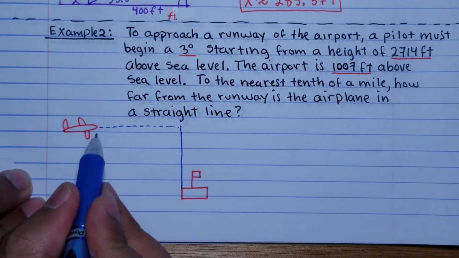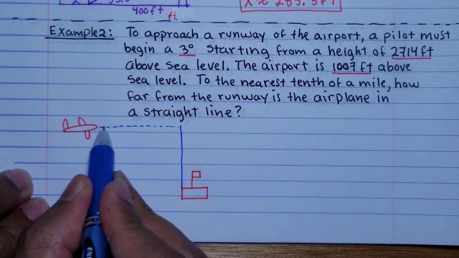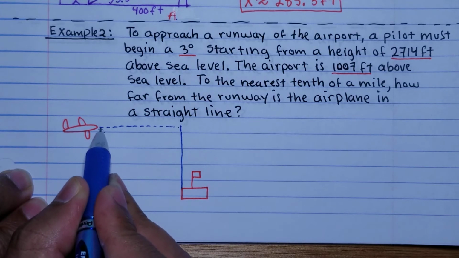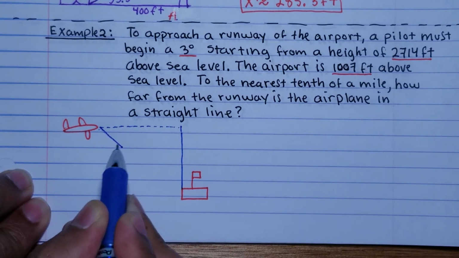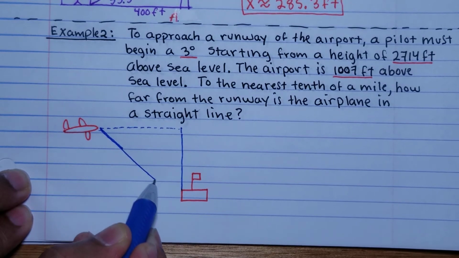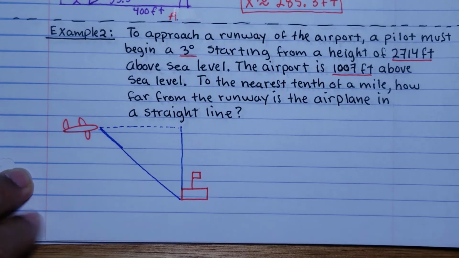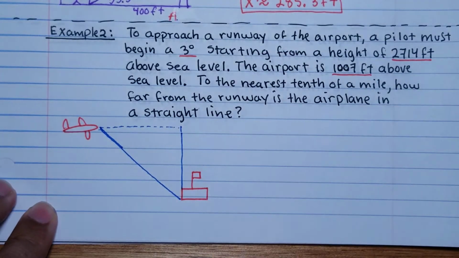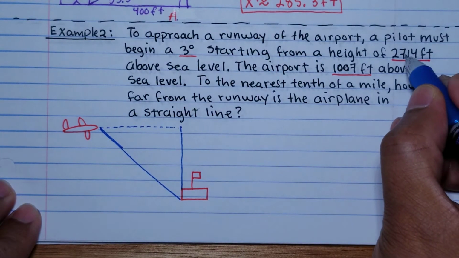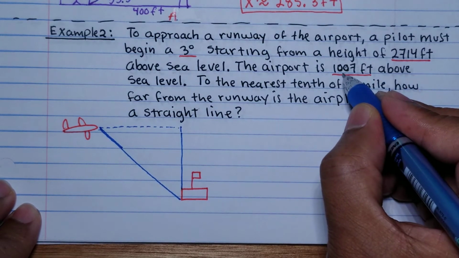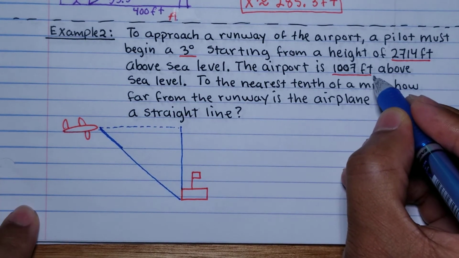Okay, and as we know, airplanes don't go in this direction then down and then down. They actually go down just like this. Okay, when they land. So once you have the diagram, then we'll go back to this one. Okay, this is 2,714 feet, and this is 1,007 feet above sea level.